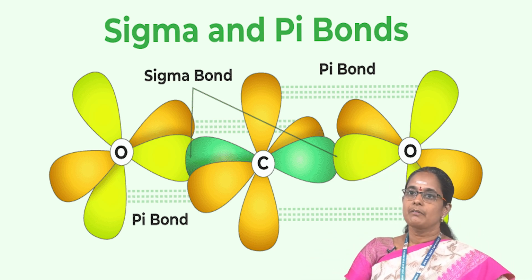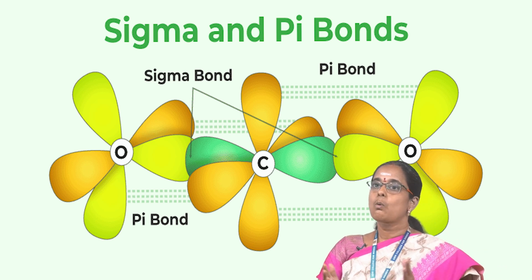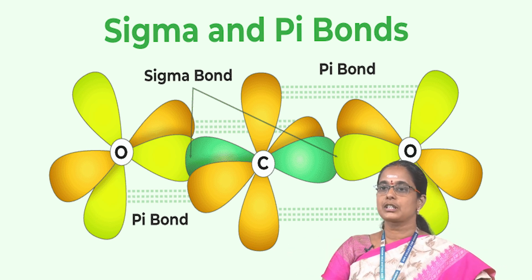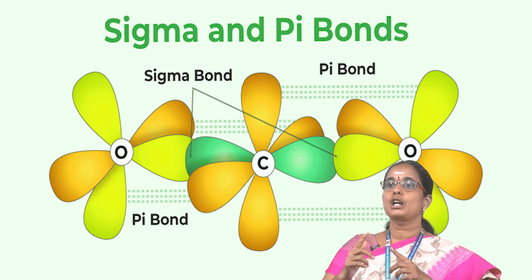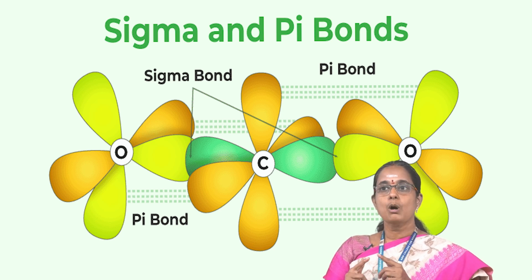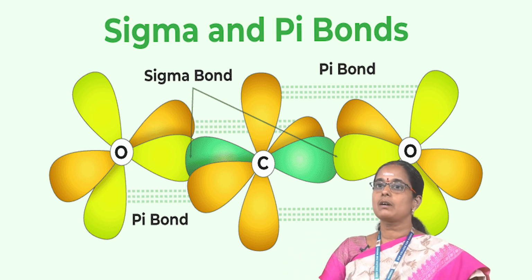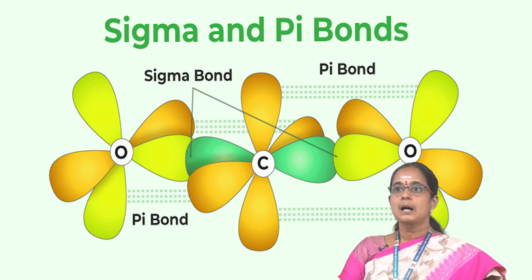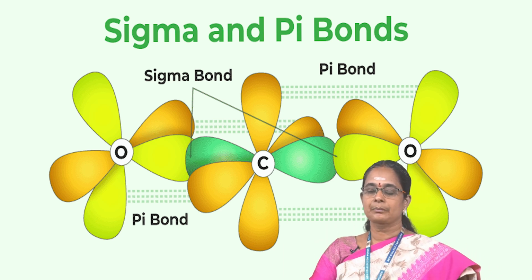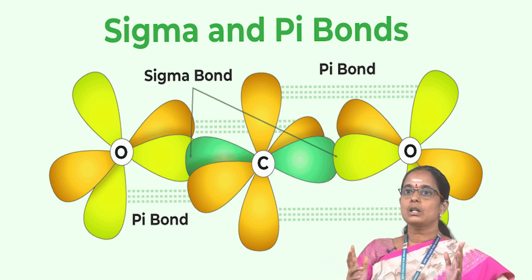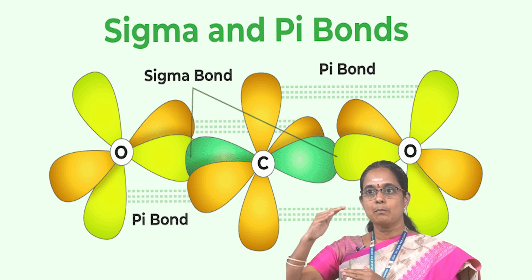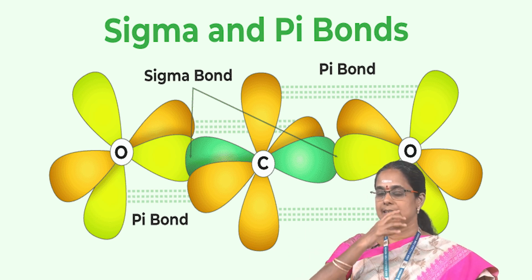Pi bond. When 2 p orbitals overlap in a side-wise fashion, or laterally, to form a molecular orbital, the bond so formed is called a pi bond. For lateral overlap, the 2 orbitals must be held parallel. The molecular orbitals thus formed lie above and below the nuclear axis.